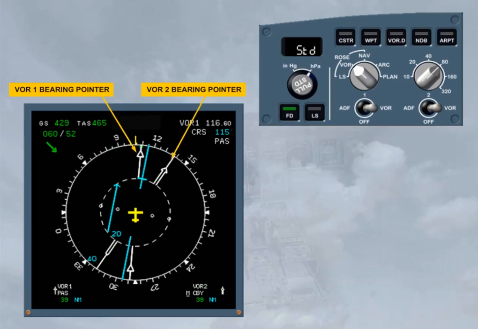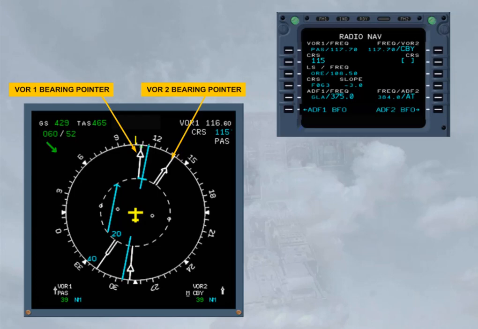The two white VOR bearing pointers are now visible. As you can see, on the RadNav page, the VOR1 is auto-tuned with its course manually entered, and the VOR2 is manually tuned. You have seen the two raw data displays.